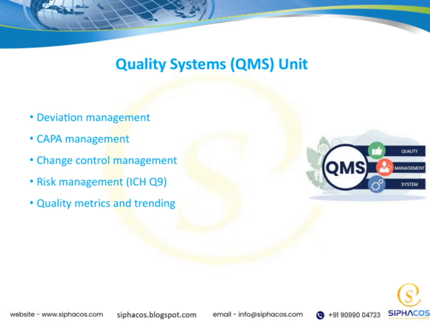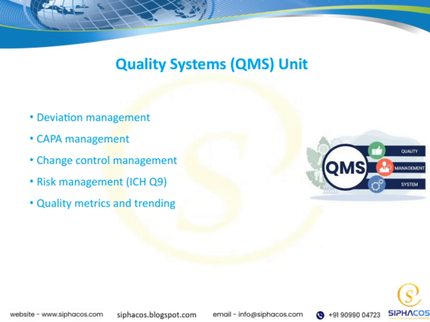Change control management is another essential aspect. It involves carefully assessing and documenting any changes to processes, systems, or products, ensuring that modifications do not negatively affect quality or compliance. Then there's risk management, guided by ICH-Q9 principles.